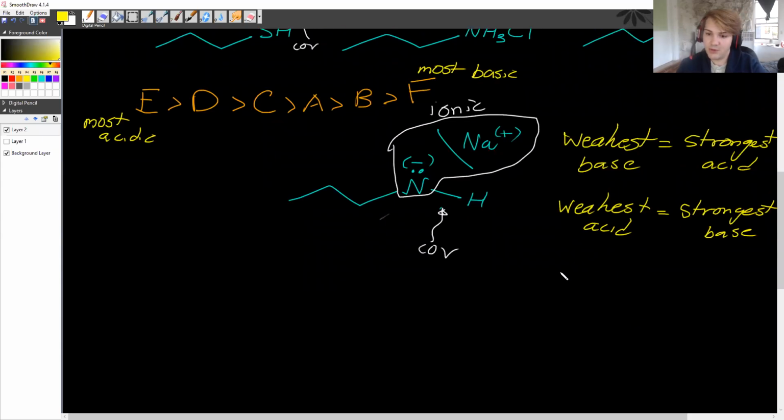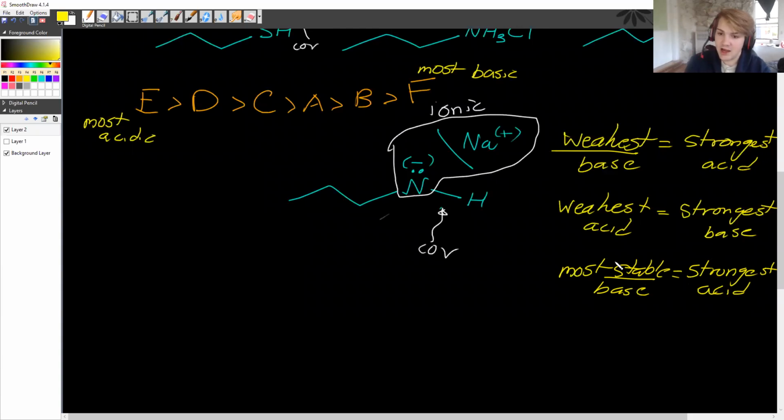Well, the most stable base is the same thing as saying the strongest acid, right? Because weak things are stable. So these are all different ways of asking the same question.